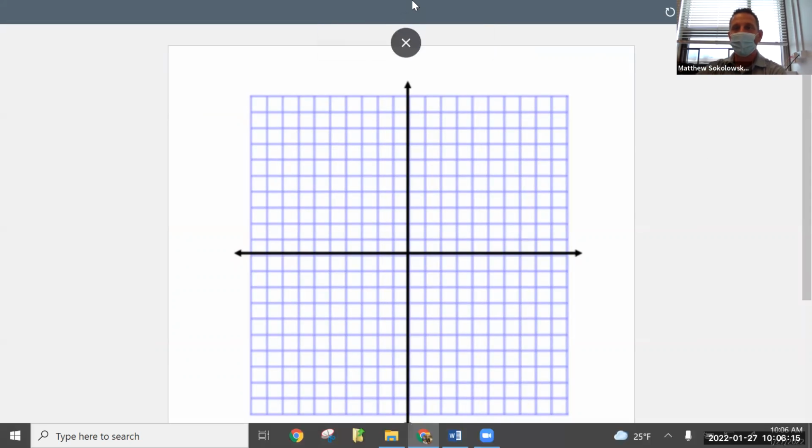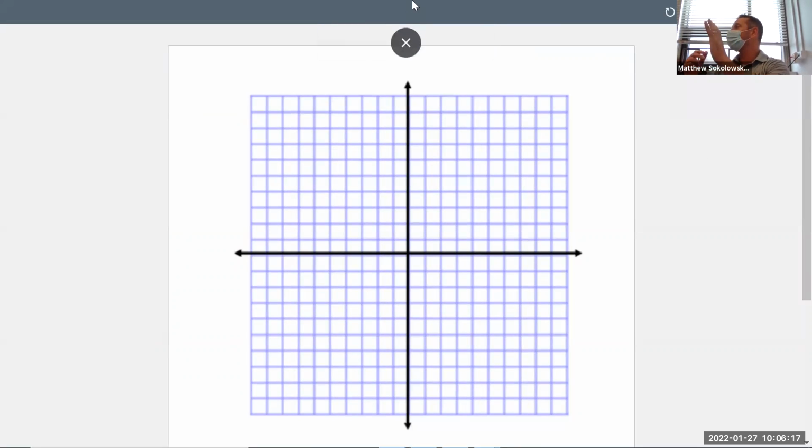Remember you need a center of dilation, right? So we'll make it the origin. So we'll start at the origin. That's our center of dilation. And then we'll draw a triangle right here. It's not an assignment. It's just a file on there. It's called blank graph for dilations.